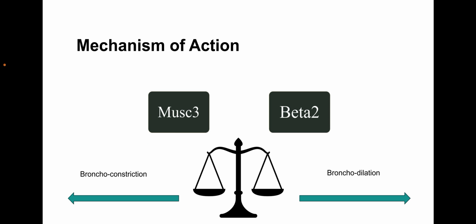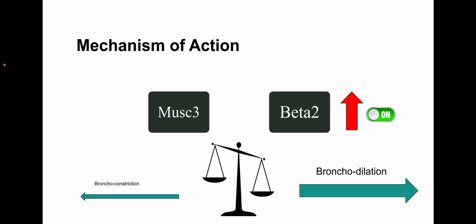In terms of respiratory constriction and dilation, this is mediated by two main switches, which are the muscarinic switches, which cause the bronchoconstriction, and the beta-2 switches, which would cause bronchodilation. Salbutamol turns these beta-2 switches on, hence it's an agonist, which would then create this bronchodilation, relaxing that smooth muscle and making the airways bigger.